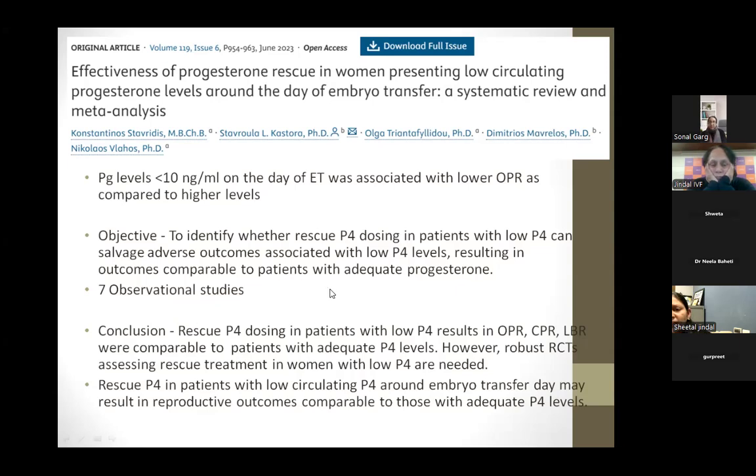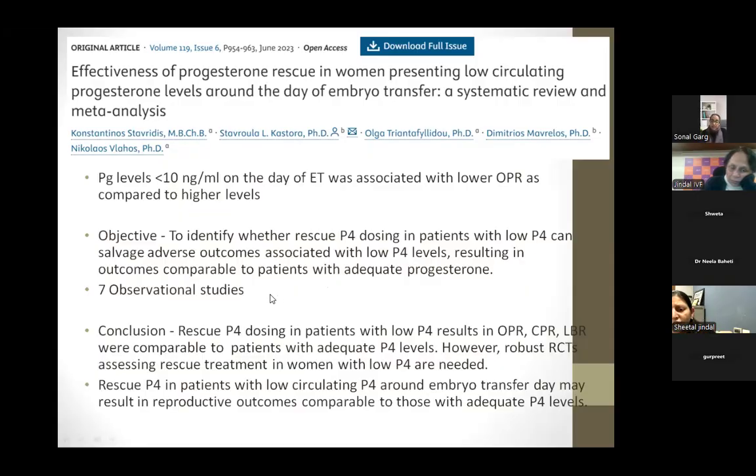So people started checking serum progesterone levels one day prior to the embryo transfer, and there was something called rescuing the transfer cycle, by adding additional progesterone through a different route, so as to get comparable outcomes.